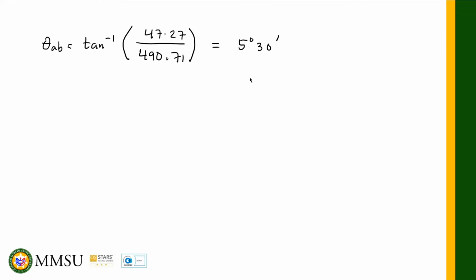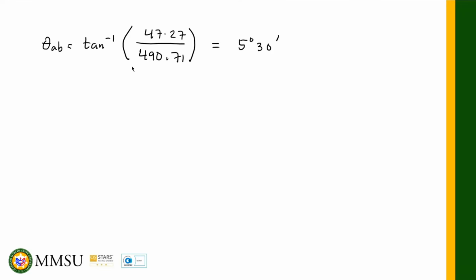Theta AB is equal to the inverse tangent of the adjusted departure, positive 47.27, divided by the adjusted latitude of 490.71 meters. If we calculate this using your calculator, we should come up with 5 degrees 30 minutes. So this is the azimuth of AB.